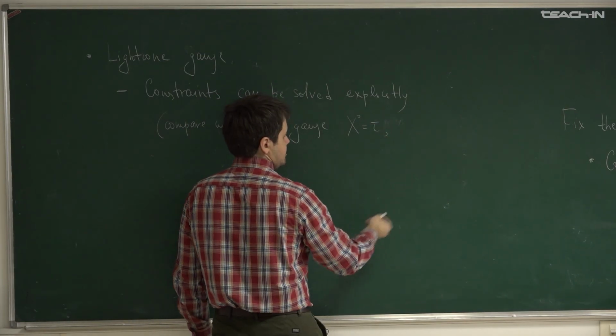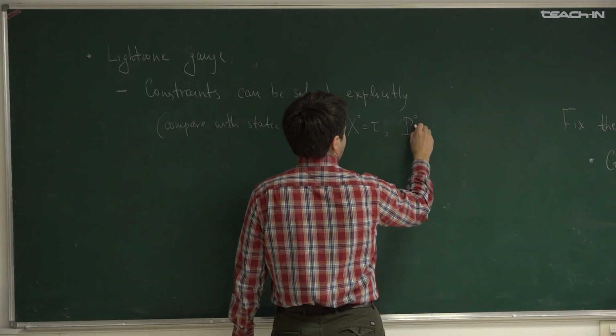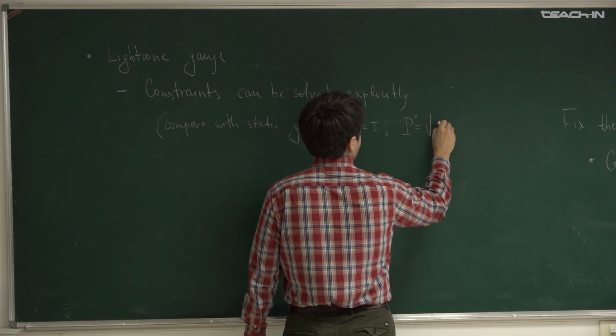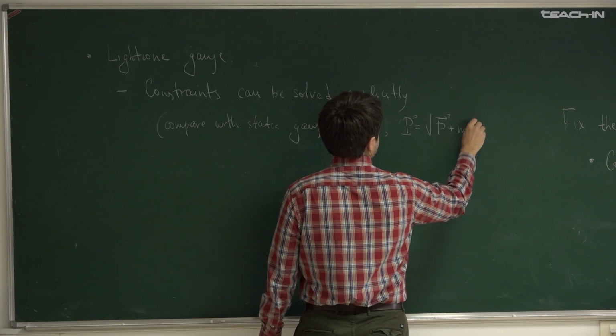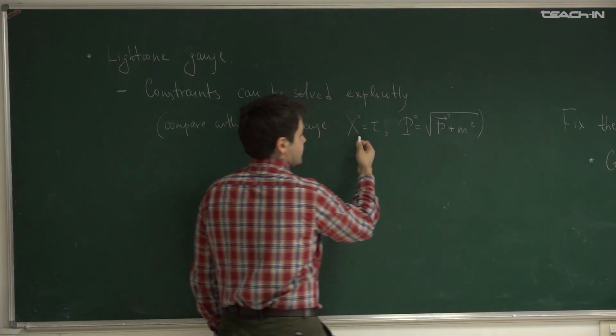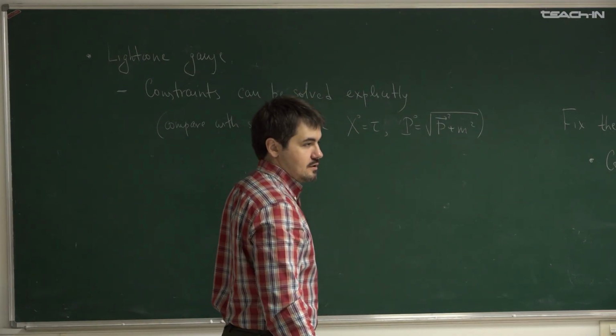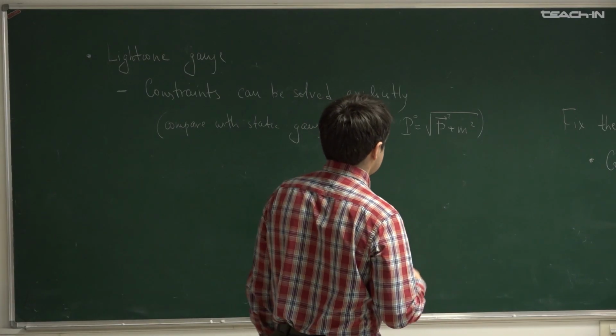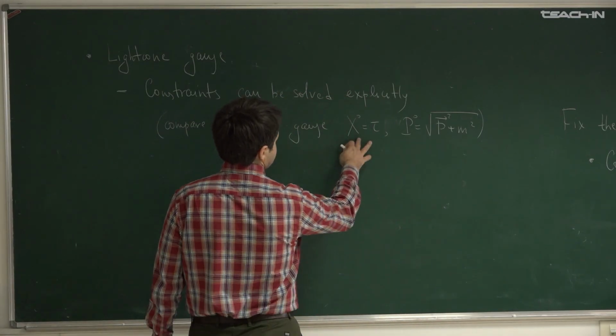And then we solved p0 as a square root of p squared plus m squared. So you see in static gauge, we also solved the constraint explicitly. So kind of the same logic. We want to solve the constraint explicitly.